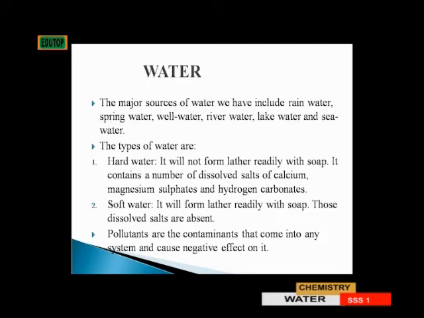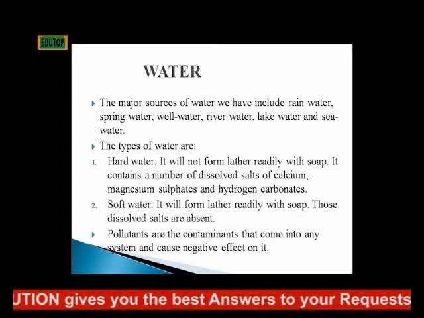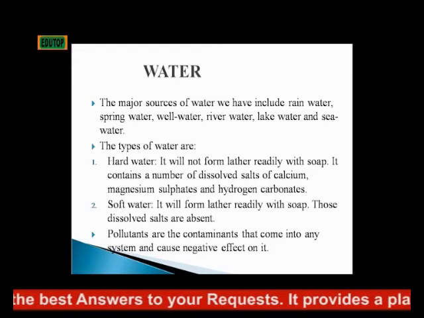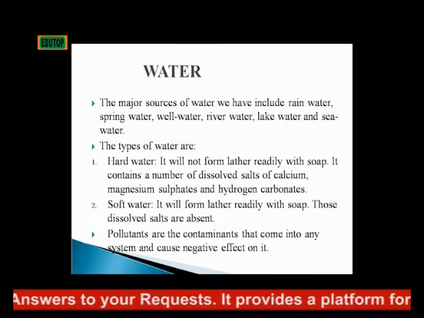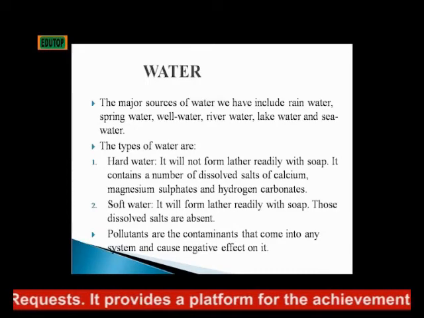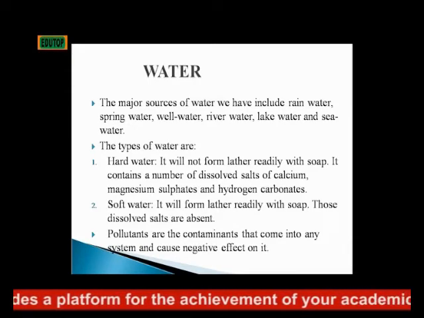Water. The major sources of water we have include rainwater, spring water, well water, river water, lake water, and sea water. The types of water are: 1. Hard water. When is water said to be hard?